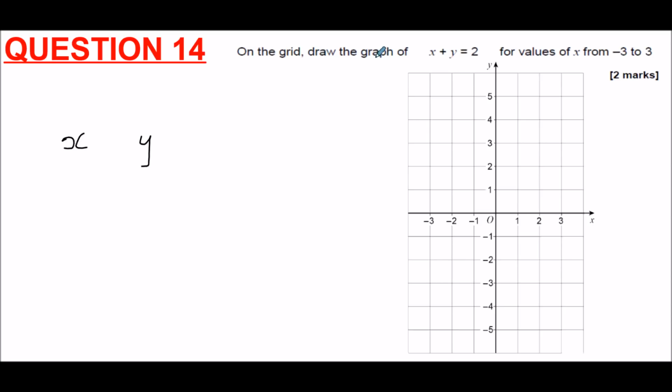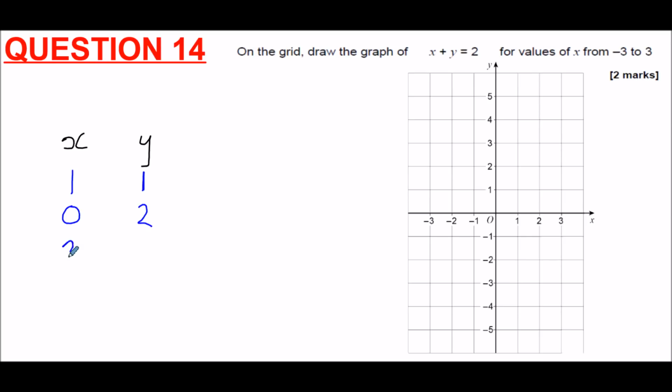And so can you think of two numbers, x and y, where you add them together, you get 2? I'd say maybe the most obvious would be 1 and 1, because 1 plus 1 equals 2. Or we could say a few more. If x is 0, y could be 2, because nothing plus 2 equals 2.